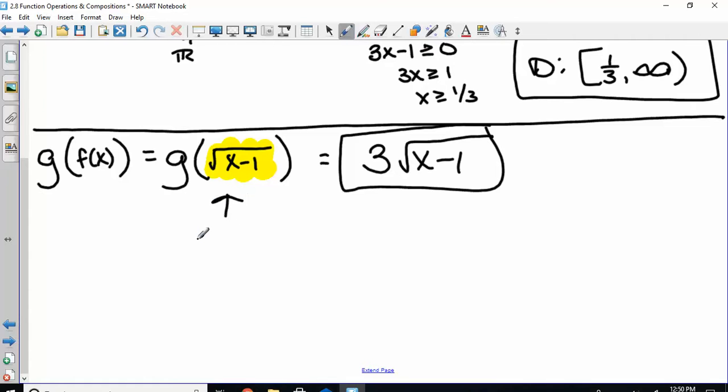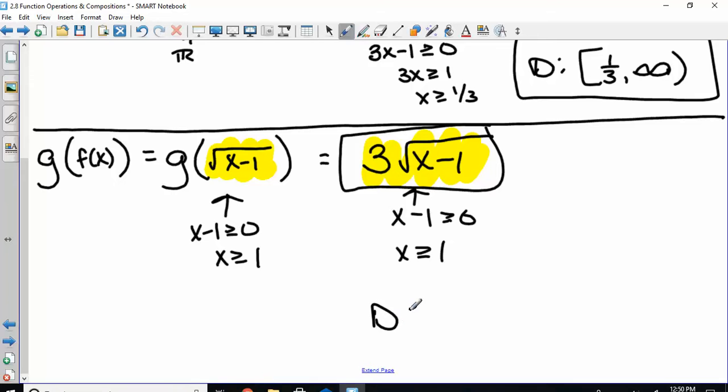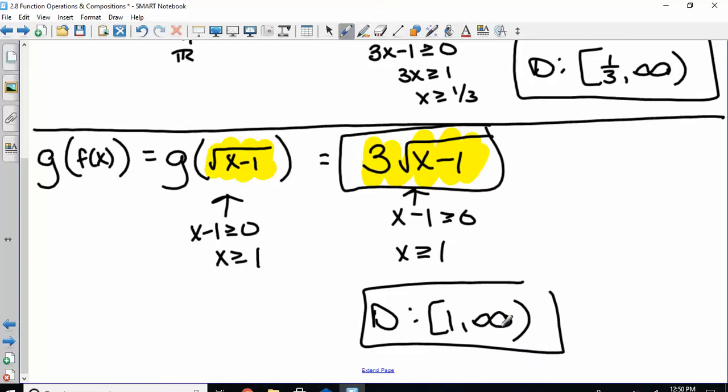So for this, you know that x minus 1 has to be greater than or equal to 0, so x has to be greater than or equal to 1. Look at the final answer. We again have a square root, so the thing underneath greater than or equal to 0, so you still get x is greater than or equal to 1. So your final domain would be bracket 1, comma, infinity.